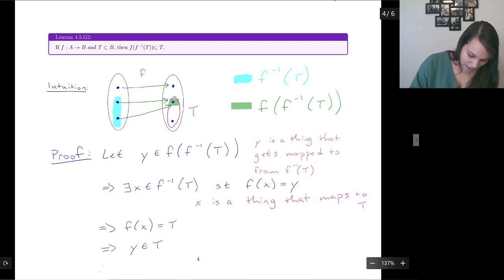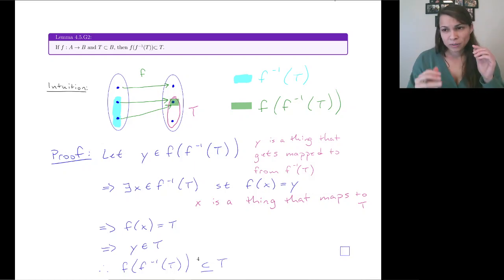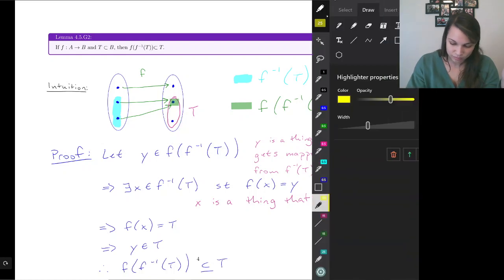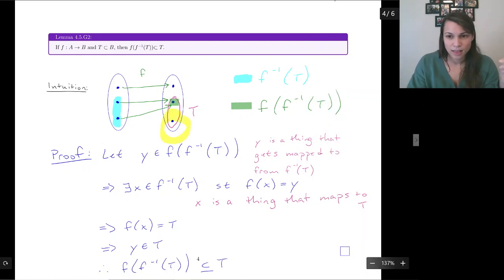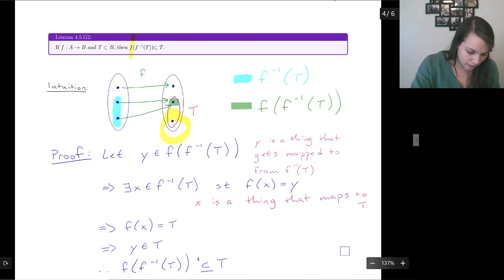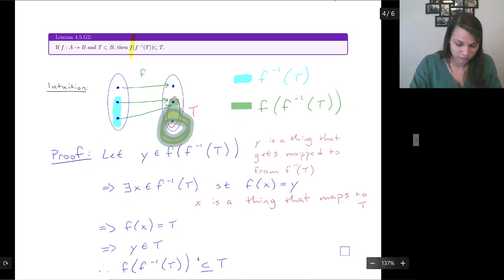So now I can say, therefore, this is going to be a subset of T. And we are done with this proof. Okay. So what prevented equality in this case was there was something here that didn't get mapped to in T. And so when we talked about the image, the outside layer, it wasn't getting mapped to, and so it's not going to be in the image.